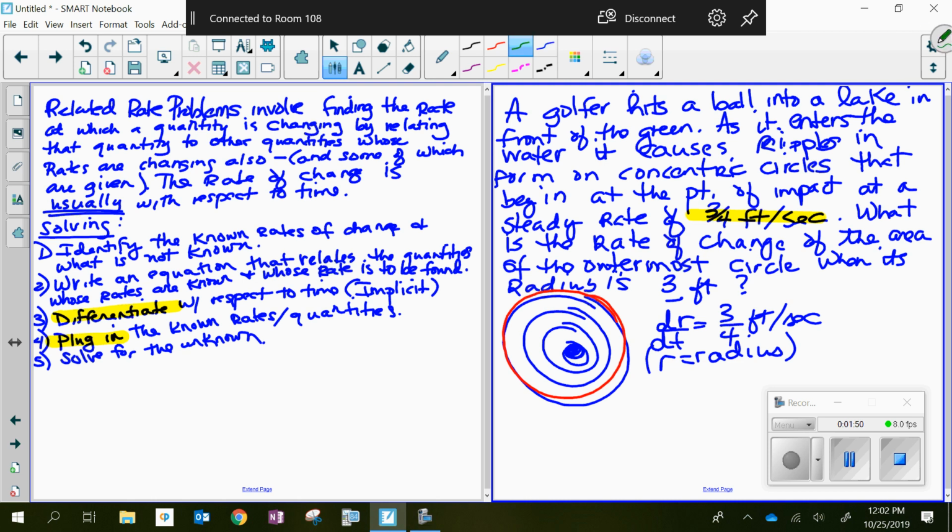So that's dA/dt, the rate of change of the area. dA/dt equals what? What moment are we discussing here? When r equals 3 feet.